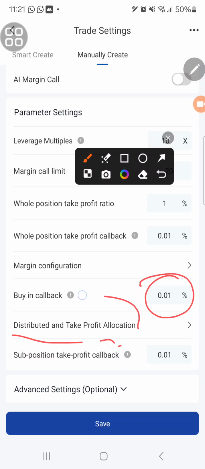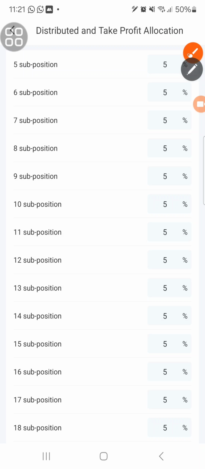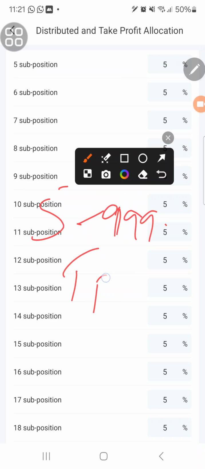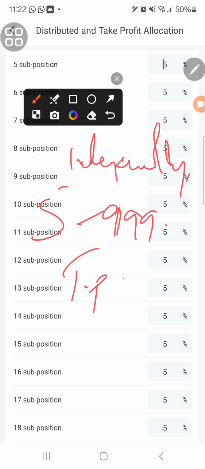Then distributed profit allocation. The distributed profit allocation simply means that you see, margin calls 5 up to 999, they have their different take profit, TP. They are different take profit, and these ones are bought independently and sold independently.